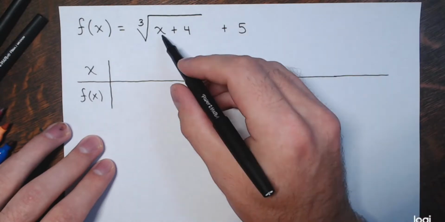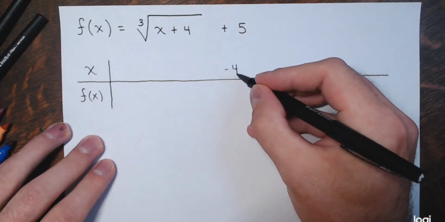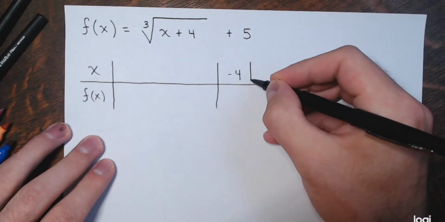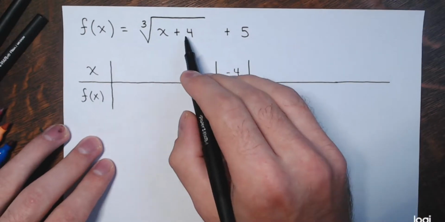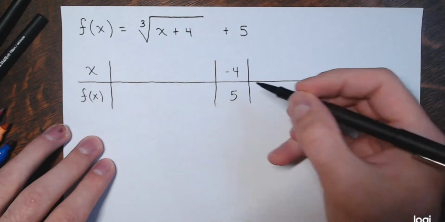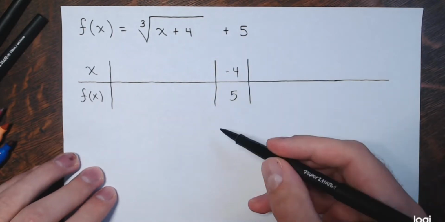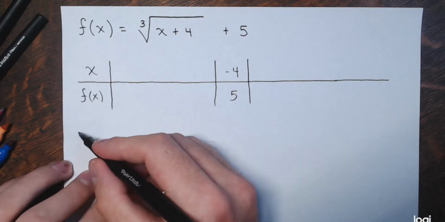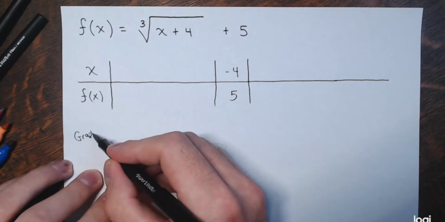So if I plug in -4 for x, the cube root of -4 plus 4 is 0. Cube root of 0 is 0, plus 5 would be 5. So on the graph of the function, I'll put the coordinate plane down here.